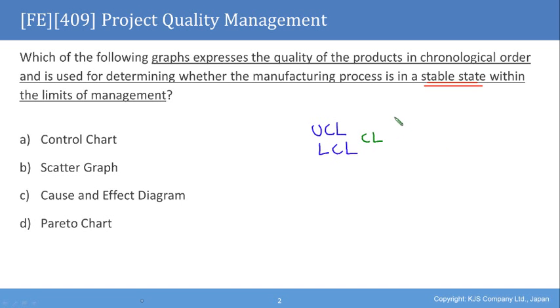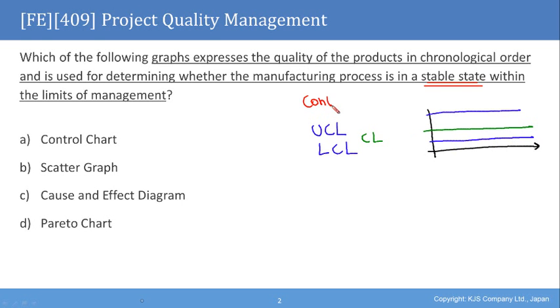In the graph, we have the time here, and we had the center line in the middle, and we had the control limits, upper and lower, and so this is the control chart, just to remind you. So this is the control chart.